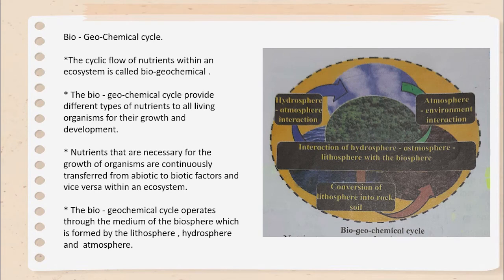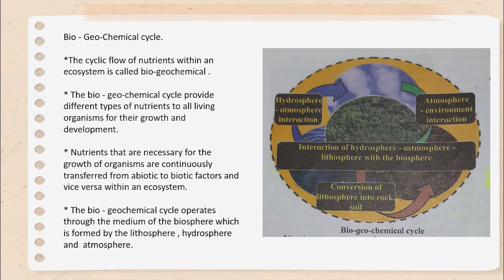It can be defined as the cyclic flow of nutrients within an ecosystem. The biogeochemical cycle provides different types of nutrients to all living organisms for their growth and development. Not only this, nutrients that are necessary for the growth of organisms are continuously transferred from abiotic to biotic components and biotic to abiotic components within an ecosystem.